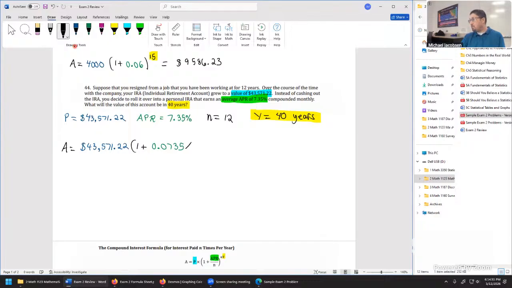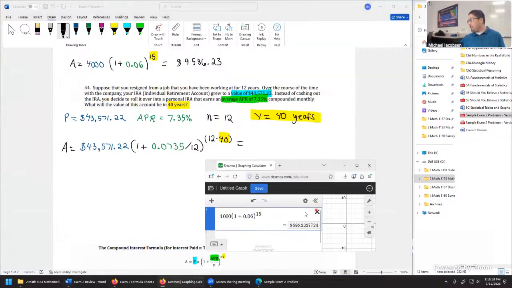Divide that by 12, coming from the number of compoundings per year, and raise this to an exponent of 12 times 40. So this one is now a lot more challenging to get into the calculator just right. Let me know if you're getting any different values, and we'll look at this one more closely, the calculator side of it.